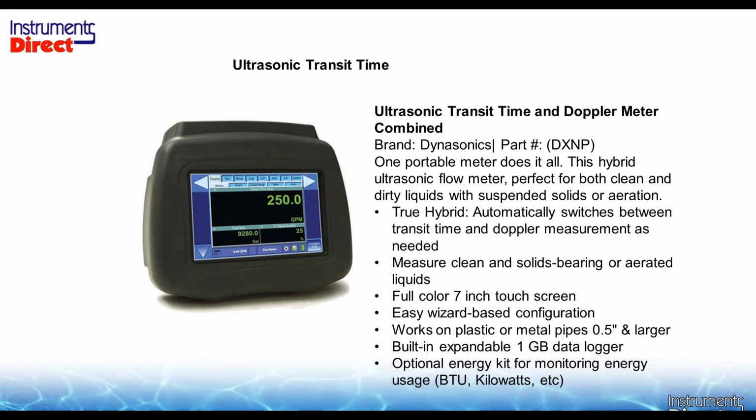And if you were to put both on the same pipe, it would default to transit. When the transit didn't work, it would go to the Doppler. In most cases, this is not necessary, but if you wanted 1 meter to go into a wastewater treatment plant to monitor your water, your sewage, and your sludge, this is the guy.